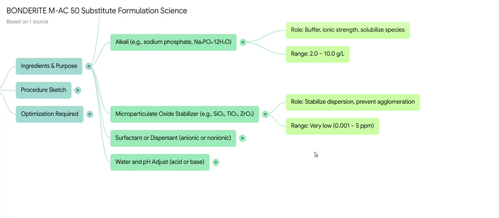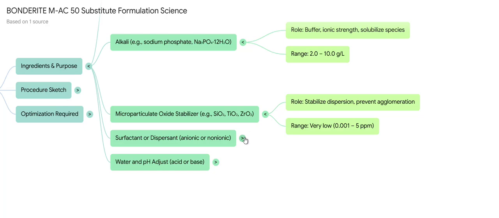As I already told you, it is microparticulate, that is, it should be of micron size, and its role is to stabilize the dispersion so that it prevents any agglomeration also. The quantity should be as low as 0.00125 parts per million. I will explain, and in fact, I will share one important video regarding concentration where I have talked about parts per million as one of the concentration expressions.